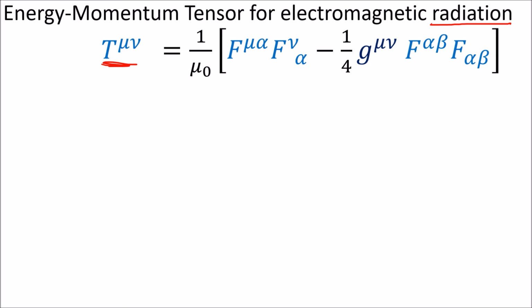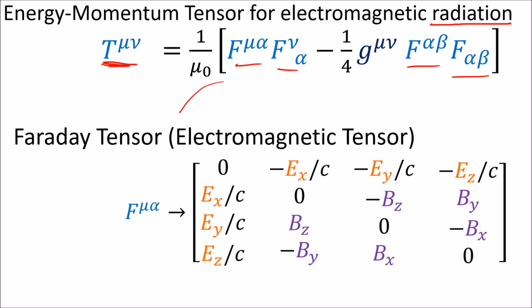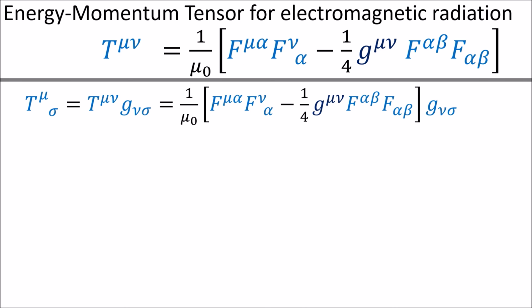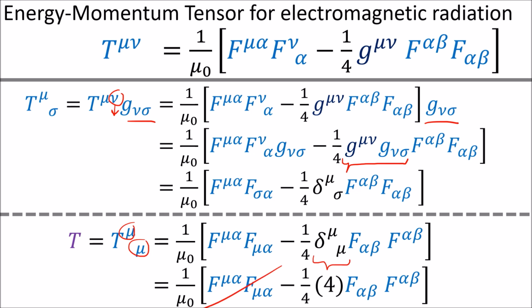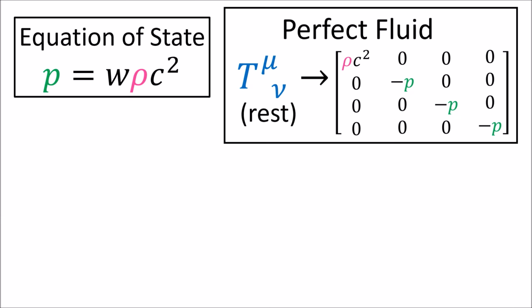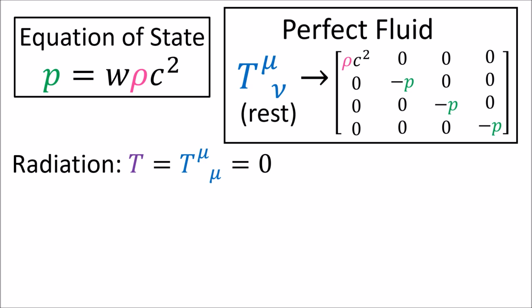Well, the energy momentum tensor for pure electromagnetic radiation looks like this, where F is the Faraday tensor. This looks complicated, but if we take the trace of this tensor, we find that all the terms cancel and we get 0. So the energy momentum tensor for pure radiation has 0 trace.